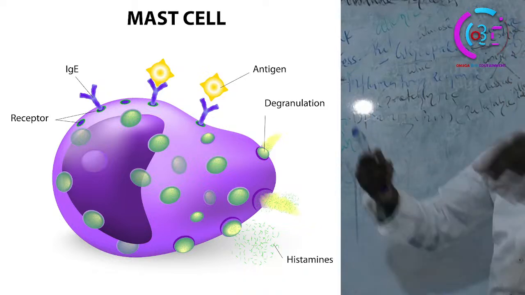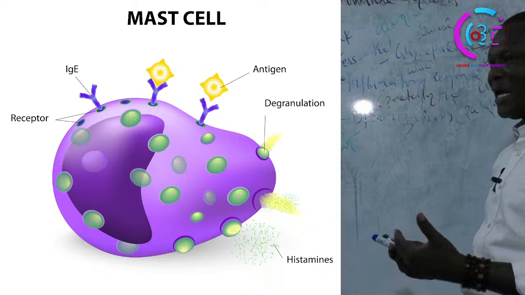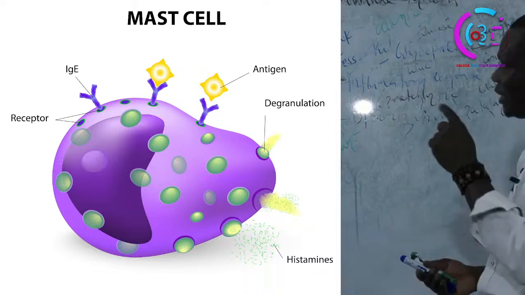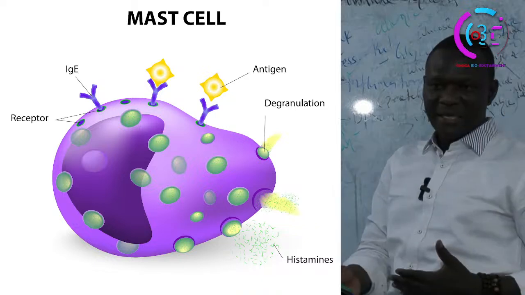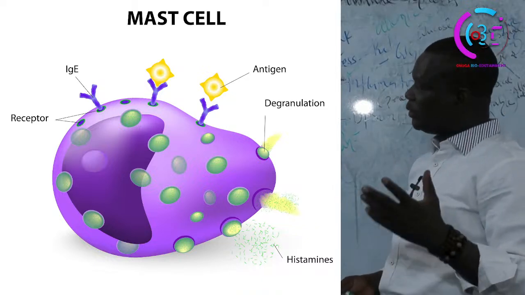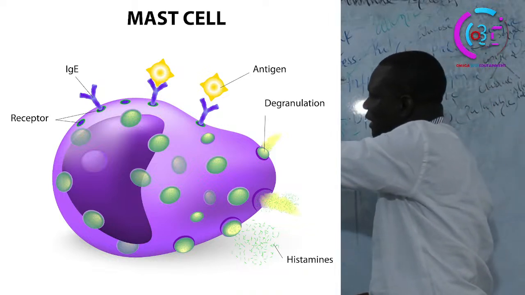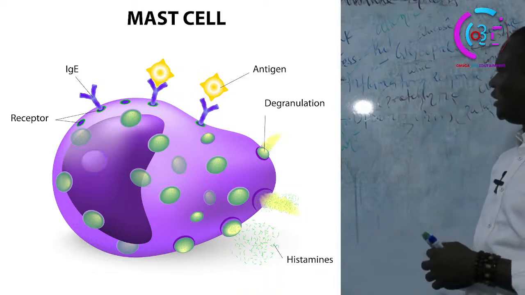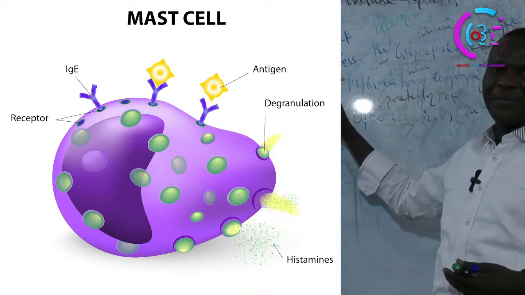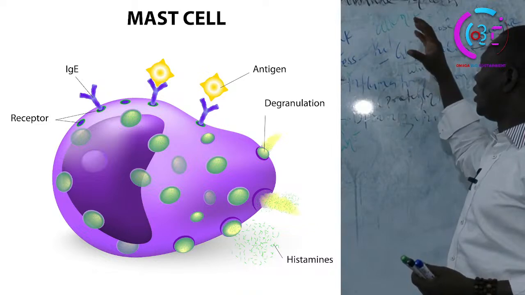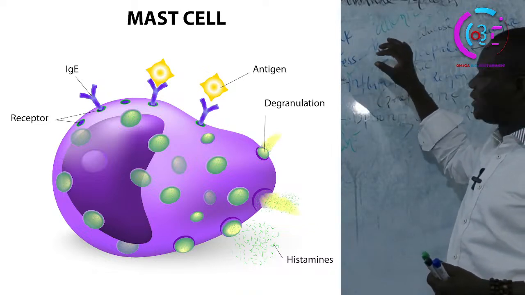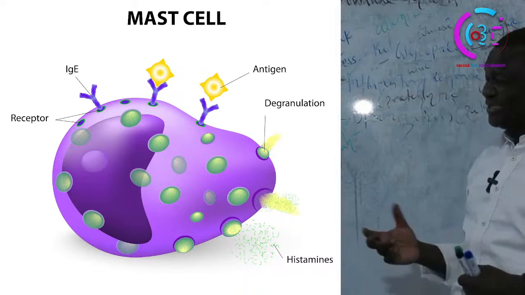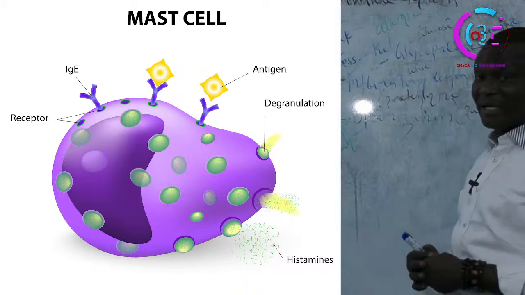Anytime you see that you are already bringing out symptoms, don't forget that you can use symptoms to diagnose that infection. And what actually brings about those symptoms? The mast cells, because they trigger the secretion of histamine, and histamine is the first response to allergic reaction, thereby bringing out symptoms of that infection.